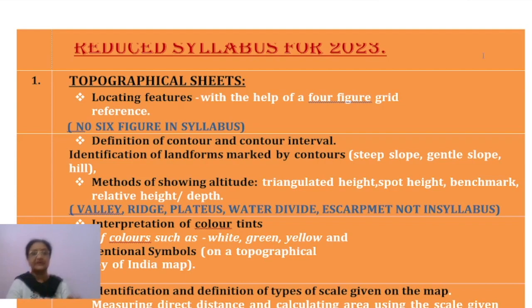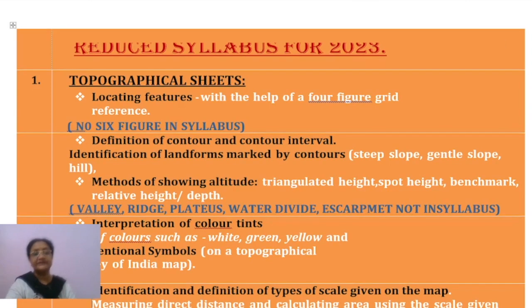So for color, we need to know what it interprets. All these interpretations of color tints are in your syllabus. Nothing has been reduced in that. Like white color, green color, yellow color, and along with that the conventional symbols are also there. In that also nothing has been taken out. So all the conventional symbols you have to go through.